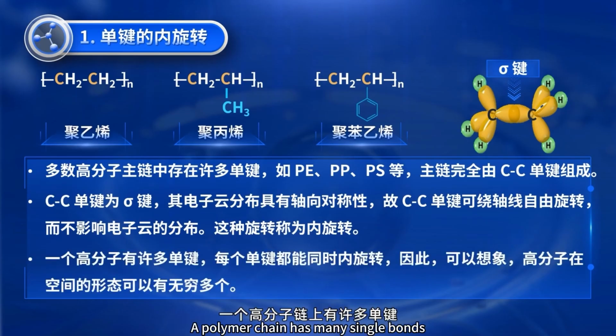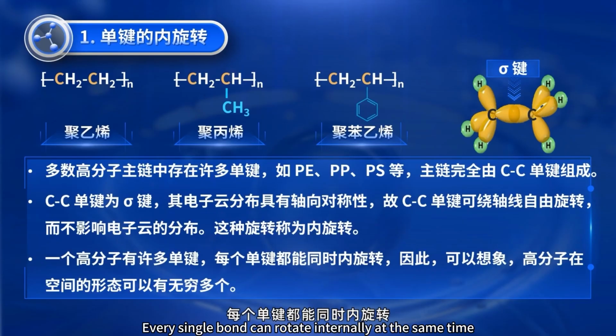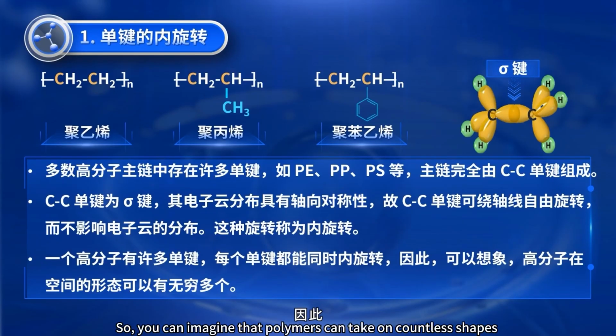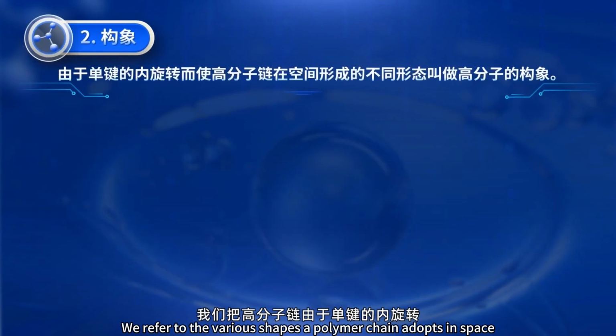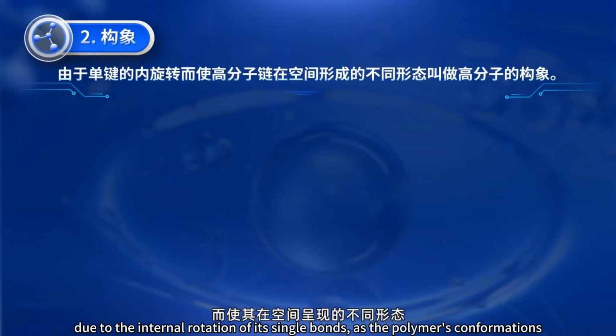A polymer chain has many single bonds. Every single bond can rotate internally at the same time. So, you can imagine that polymers can take on countless shapes in three-dimensional space. We refer to the various shapes a polymer chain adopts in space, due to the internal rotation of its single bonds, as the polymer's conformations.